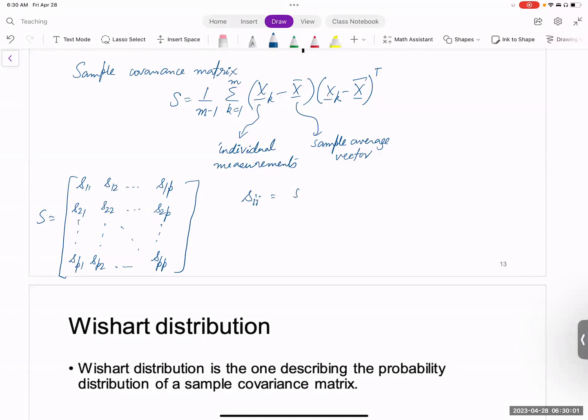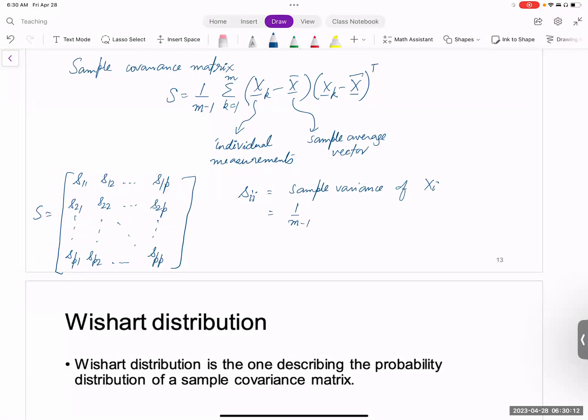Sii is the sample variance of xi. So you can write this simply as 1 over m minus 1 summation of xki minus xi bar, whole square. The summation goes from k equals 1 to m.